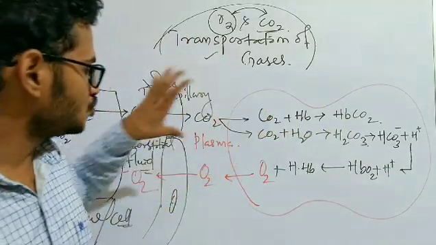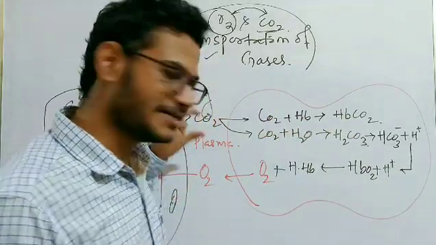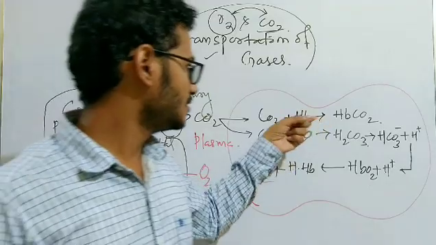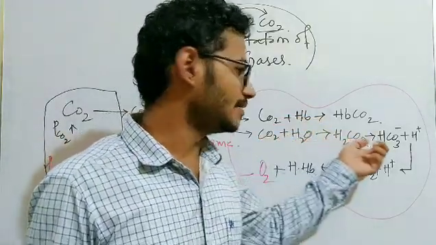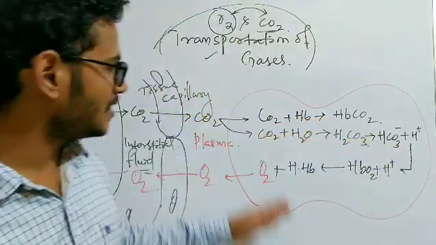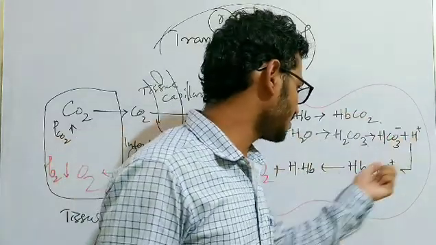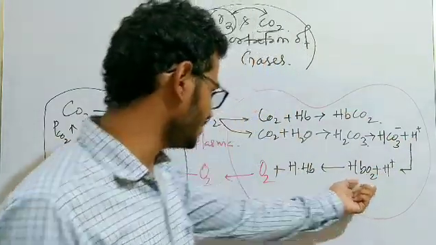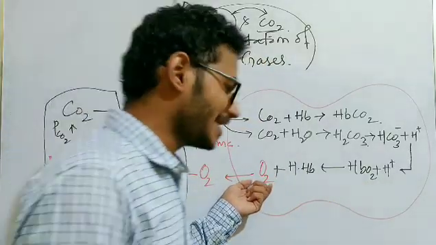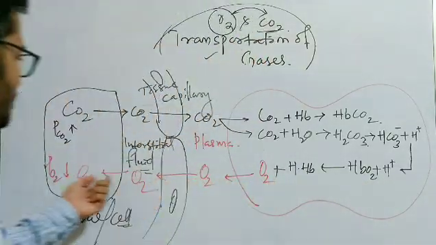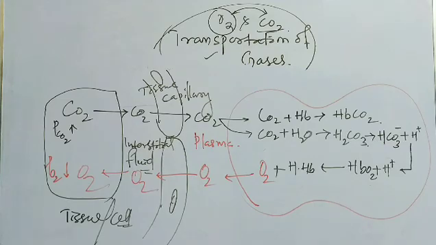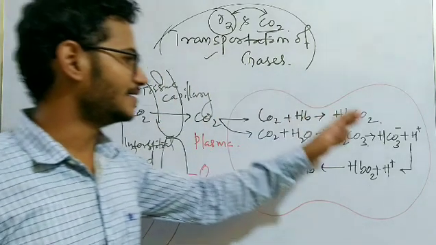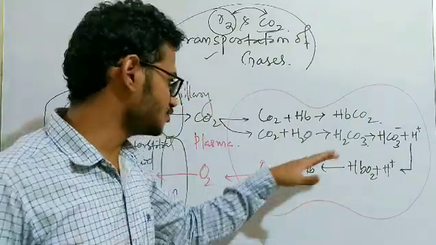It came to the blood, diffused to plasma, bound to hemoglobin, and is transported as bicarbonate, and it influences the release of oxygen from oxyhemoglobin, and the oxygen separates from the hemoglobin and comes into the tissue. Clear? So this is also a related process and it is very easy to understand.